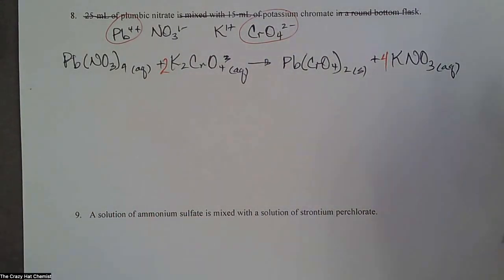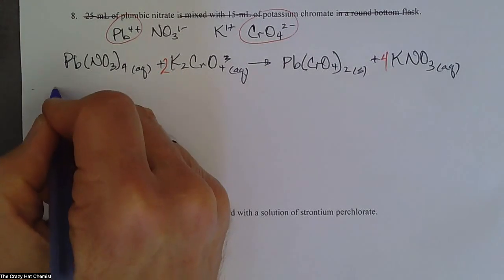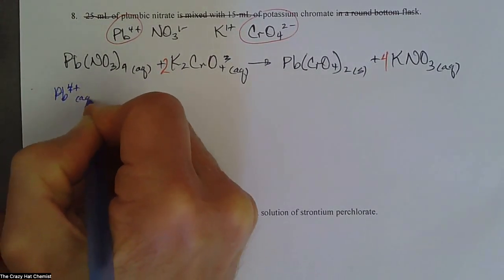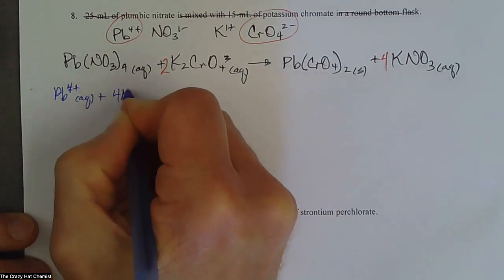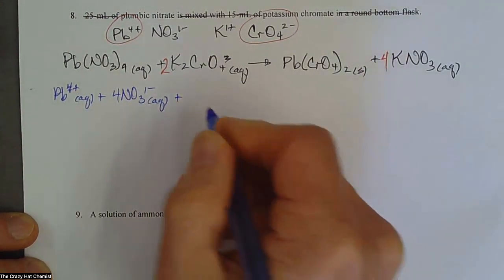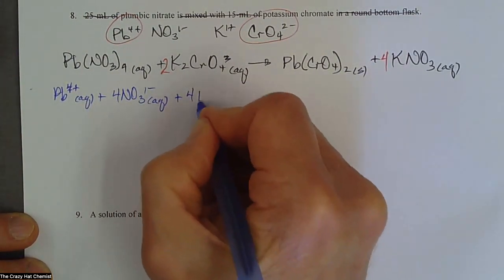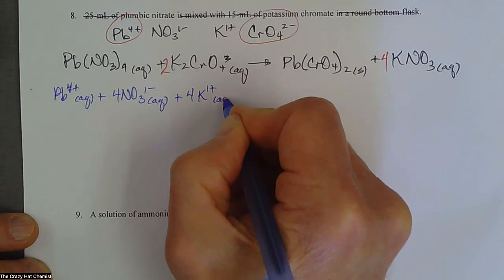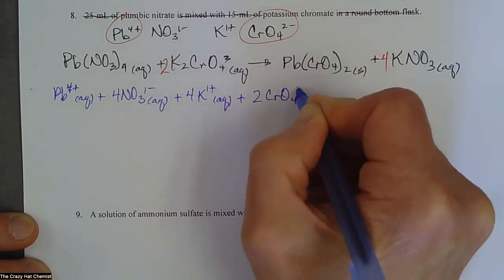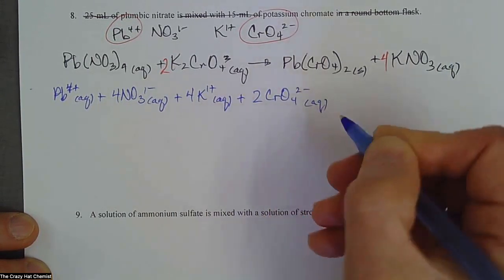So now we're going to write the total ionic equation. So that's Pb4+ aqueous plus 4NO3 1- aqueous, plus 4K 1+ aqueous, plus 2CrO4 2- aqueous.